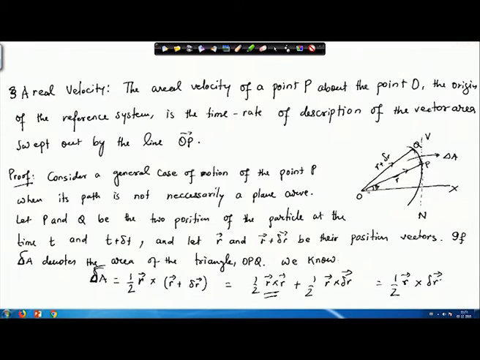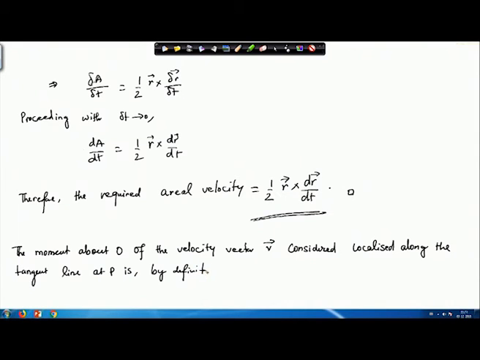So, the moment of the velocity vector considered as localized along the tangent vector is given by, by definition, r cross v, right, and its direction being at right angles, or perpendicular, to the plane of r and v.